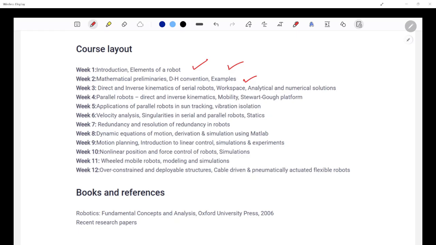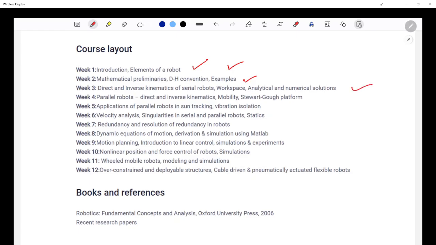Then we also saw inverse kinematics of serial robots with the number of links less than 6 and greater than 6, and how they are different. We learned about what is elimination theory, what are the solution of nonlinear equations, and we also saw inverse kinematics problem for general 6R robot, right? So this is how we covered kinematics for serial robots.